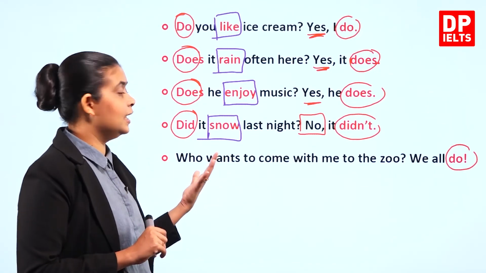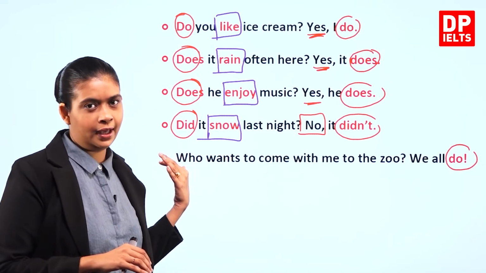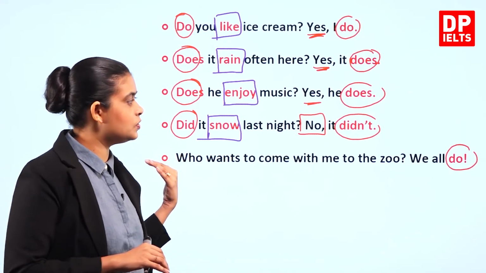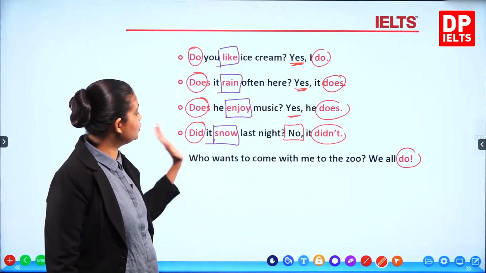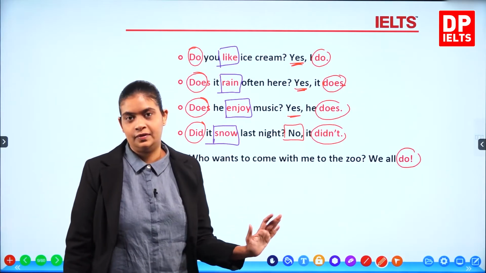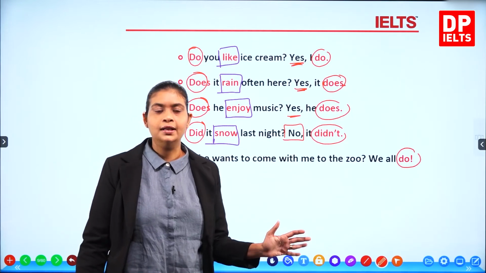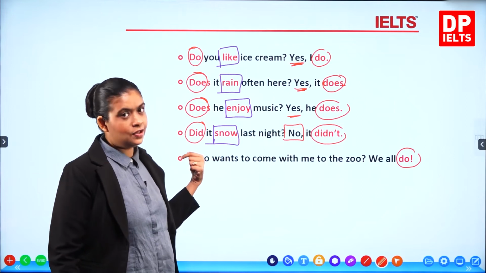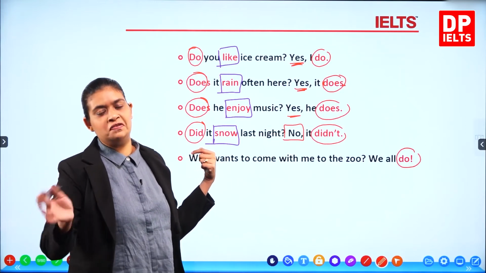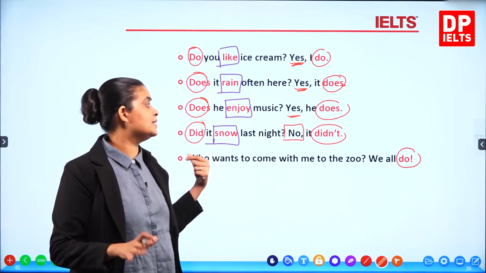However, did follows the same structure. Now, when it comes to does, it is similar. There is no difference, because did is also a helping verb. The only difference is it is in the past tense.